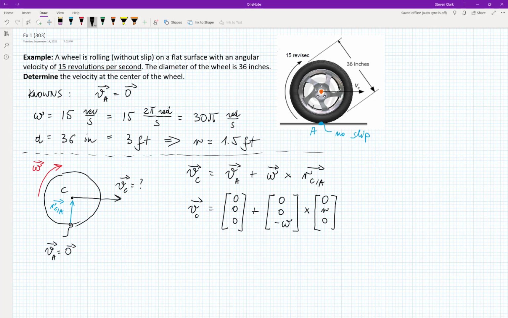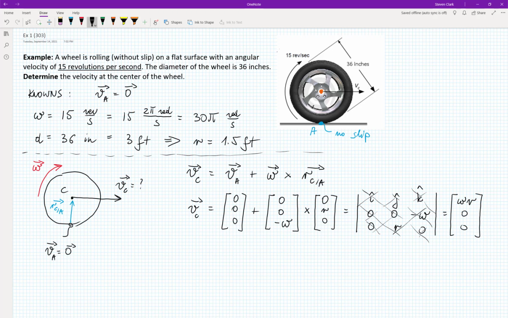Yeah, and so in order to solve that problem, we have to solve this determinant. I, J, K, 0, 0, minus omega, 0, R, 0. Let's do it quickly. This would be omega R. This is 0. And this is 0. Great.